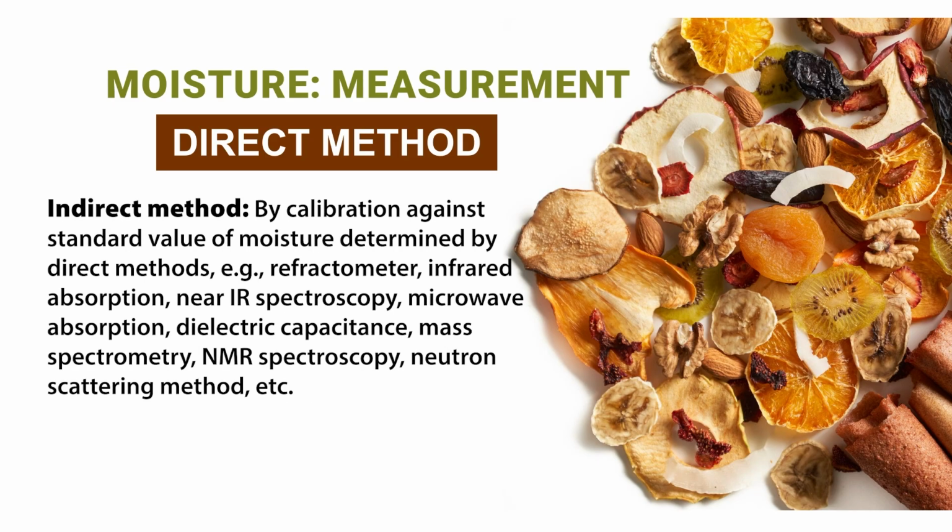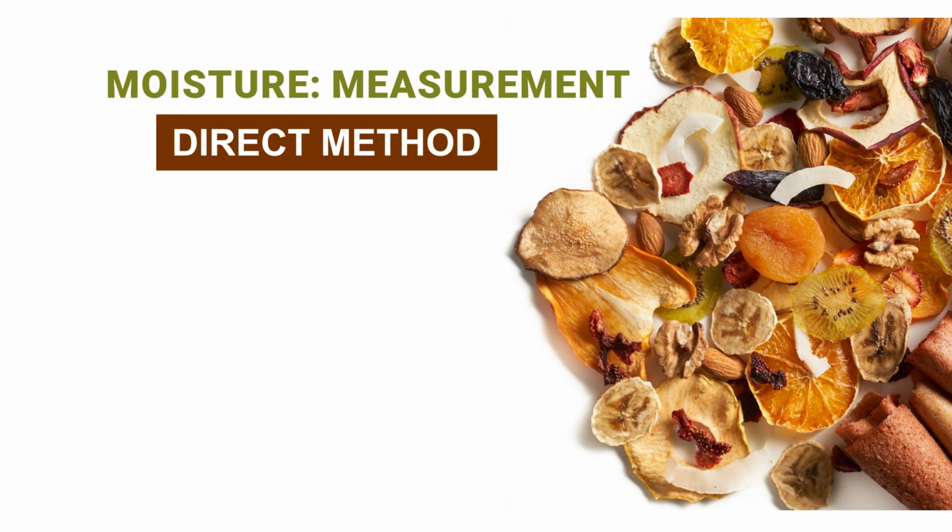You have equipment which is calibrated: you can have a refractometer, infrared absorption, near infrared, dielectric capacitance, mass spectrometry. All these equipment are already calibrated. So you take your sample, do the analysis and know what the moisture is. So direct method, indirect method. Let's see the direct method.